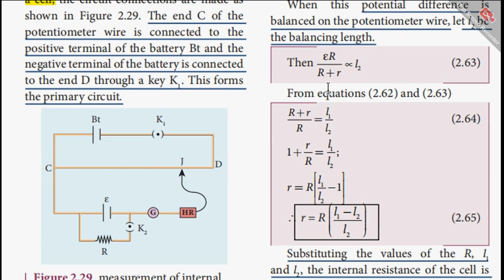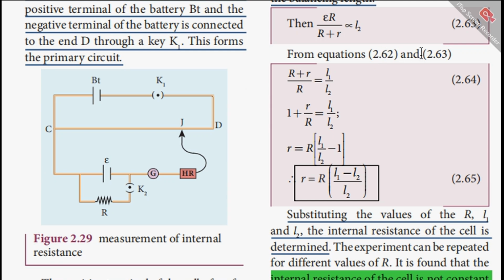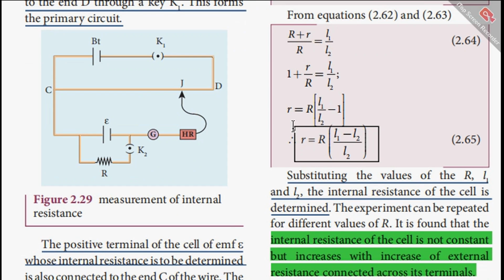Then ER by R plus r is directly proportional to L2. From equations 2.62 and 2.63, we have R plus r by R equal to L1 by L2. So 1 plus r by R equals L1 by L2, or the internal resistance r is given by r equals R multiplied by L1 minus L2 by L2, where R is the known value of resistance.